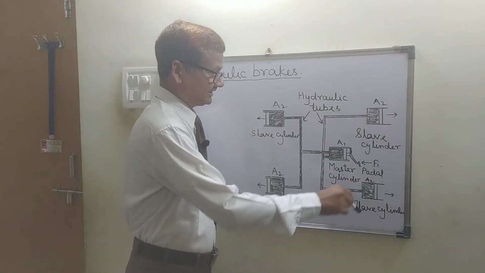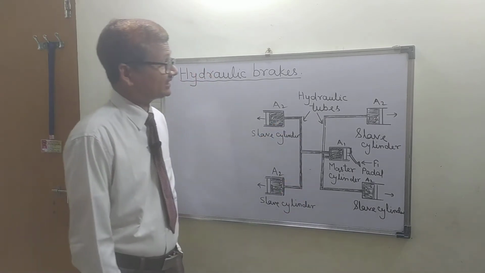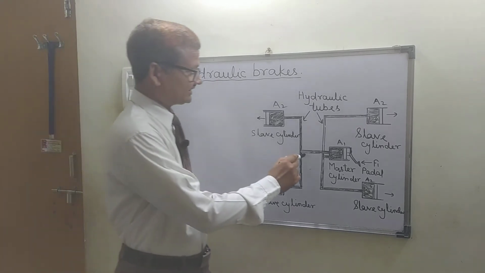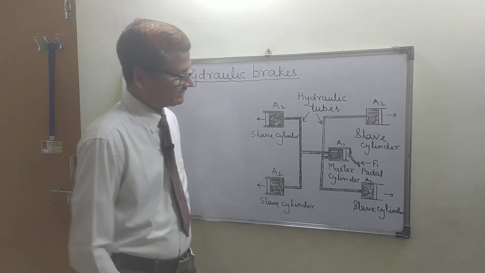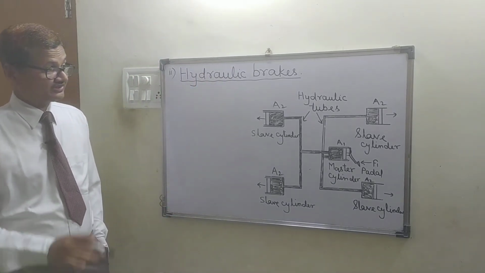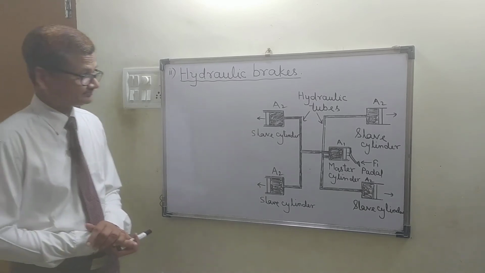These 4 are slave cylinders, and all the slave cylinders are connected with hydraulic tubes, and also connected with the master cylinder, to which a pedal is attached, on which the driver applies force to stop the vehicle.